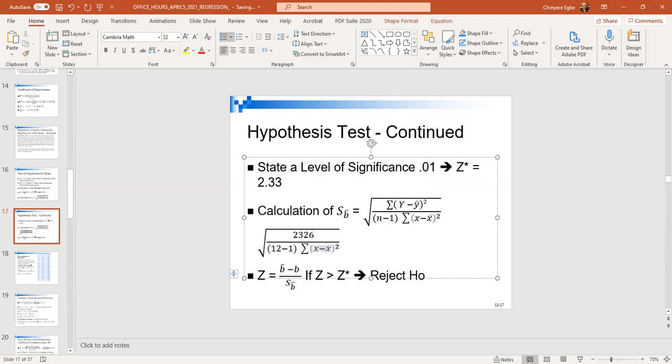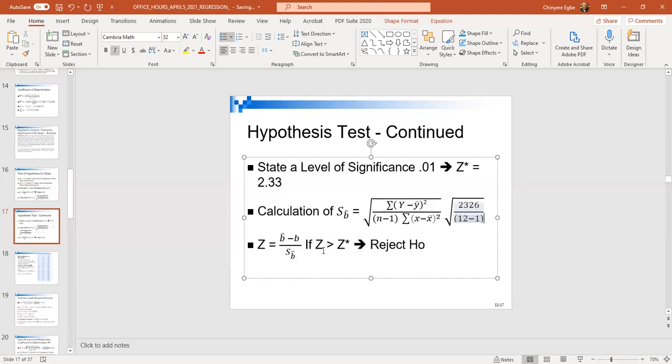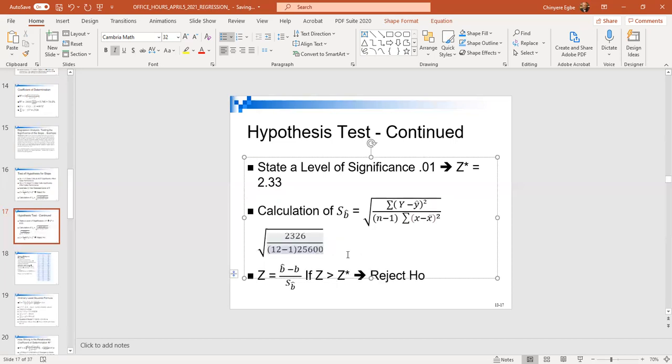Let's find out. X minus x bar squared is 25,600. So we take that out.